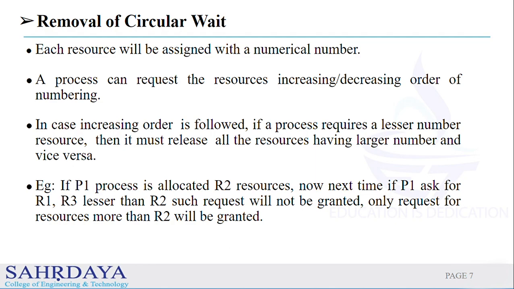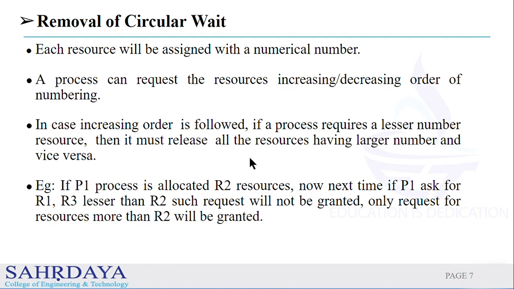Here the problem in implementing this technique is that it is very difficult to determine the relative ordering of different resources. Many resources are there, and how do we determine their relative ordering? So this is very tough, although if implemented, we can remove circular wait.